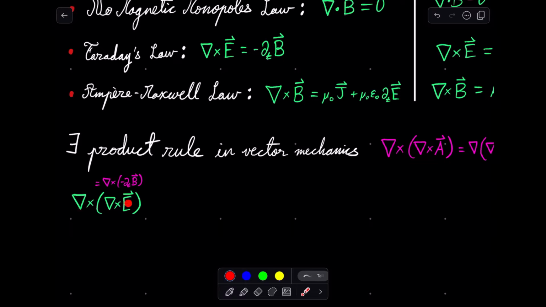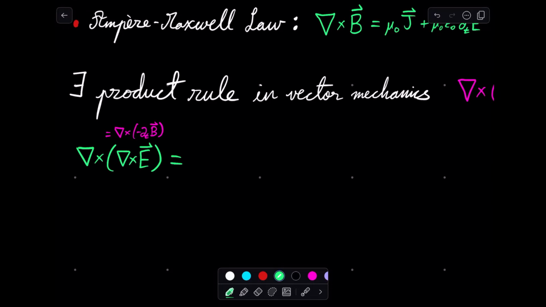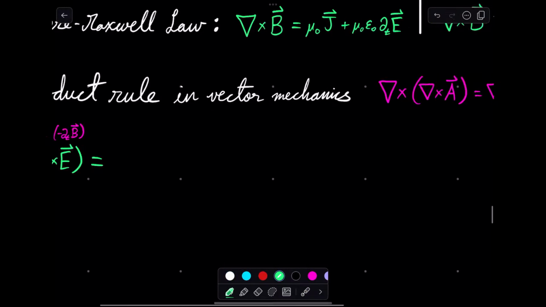So when you take the curl of this, you're taking the curl of this. But before we input this into this equation, I'm going to use this product rule.